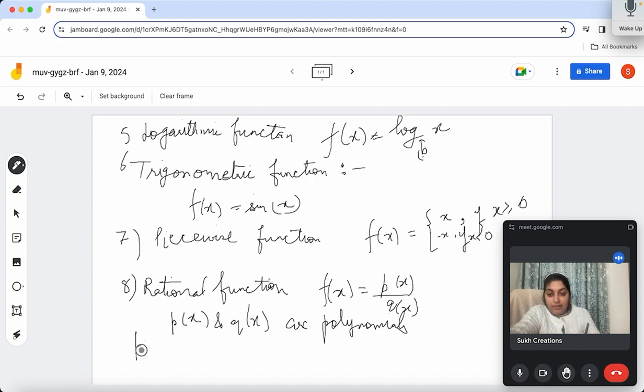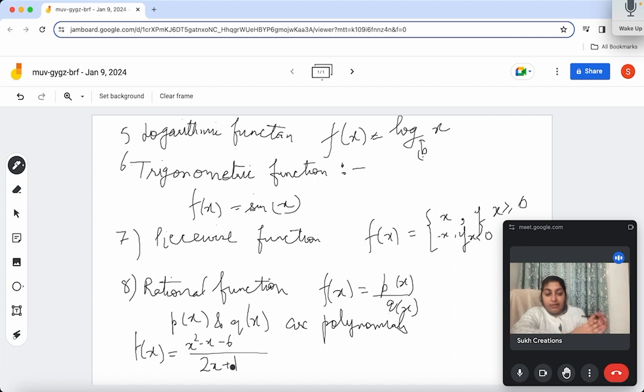If I take an example, I can write down here f(x) equal to x squared minus x minus 6 divided by 2x plus 1, where p(x) is x squared minus x minus 6 and q(x) is 2x plus 1. Okay, so these were all the types of functions we have.